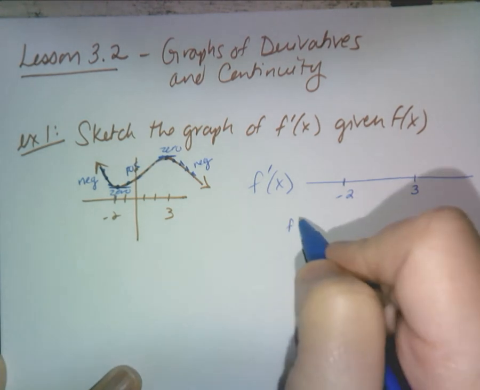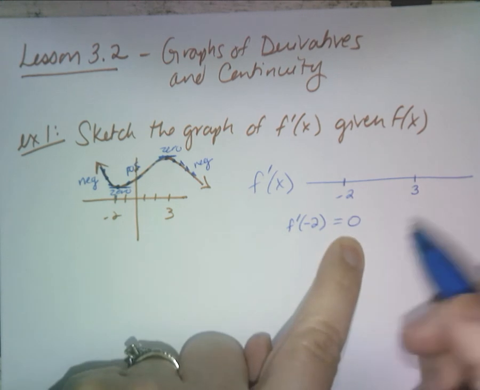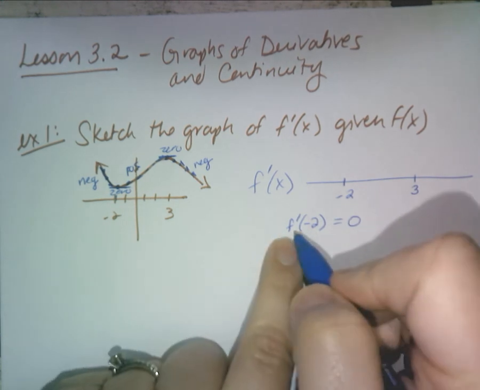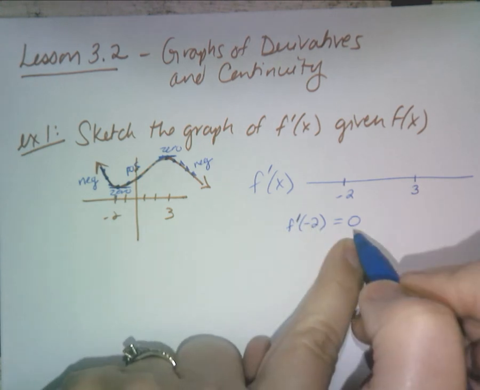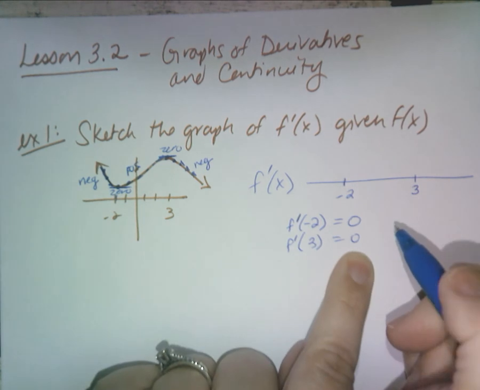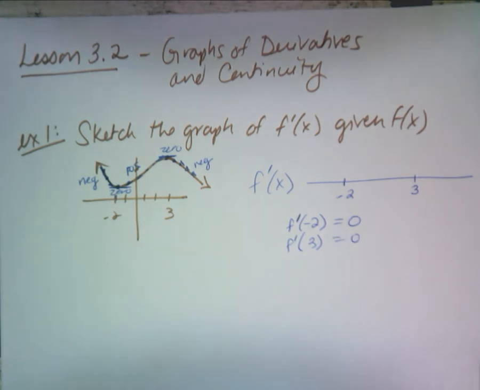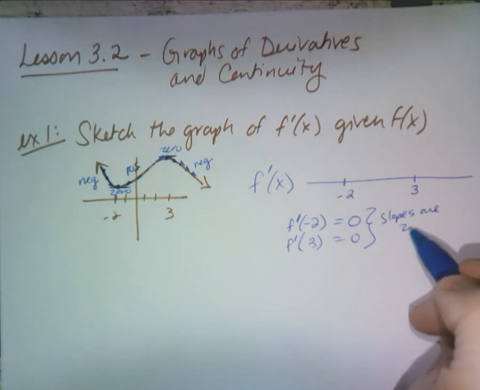The derivative at -2 is equal to 0, so the slope at -2 is 0. We already talked about that. The slope at 3 is also 0. So they're your x-intercepts. Slopes are 0.